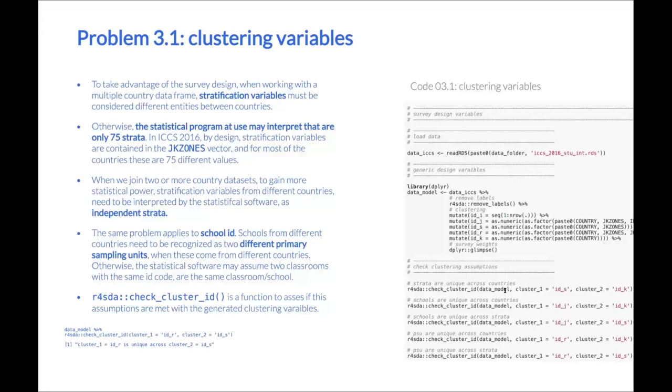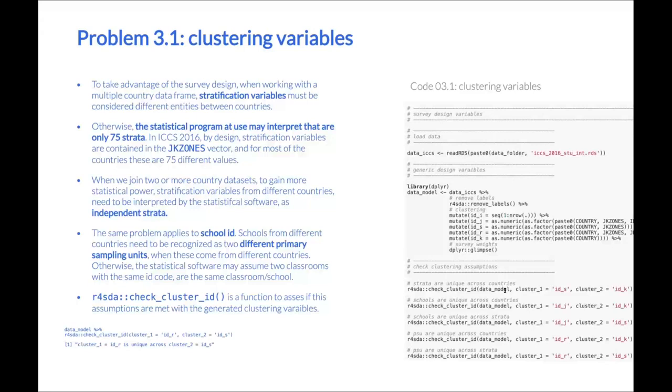If I put Colombia and Netherlands in the same table, and then I submit that table to a common multi-level package or library, the software may not know that school 0001 from Colombia and school 0001 from Netherlands are different schools. So we need to tell the software that these are two different schools.